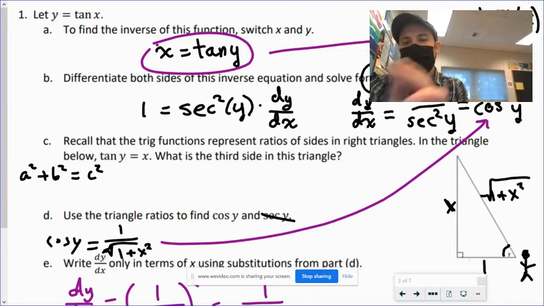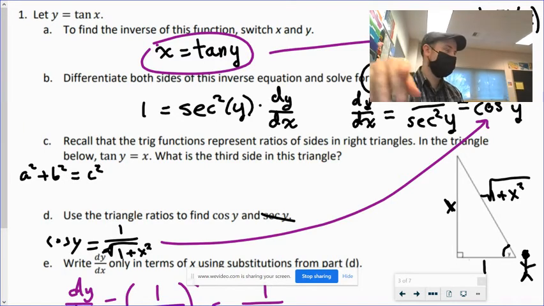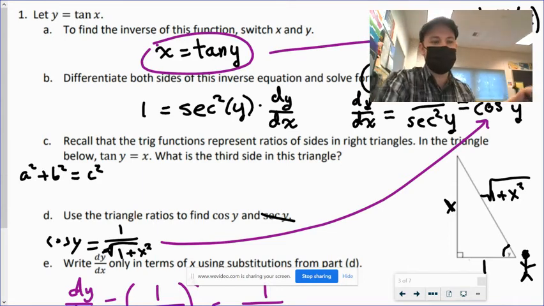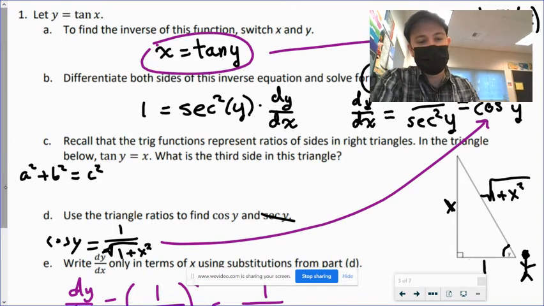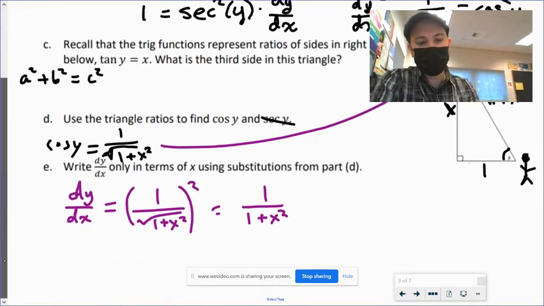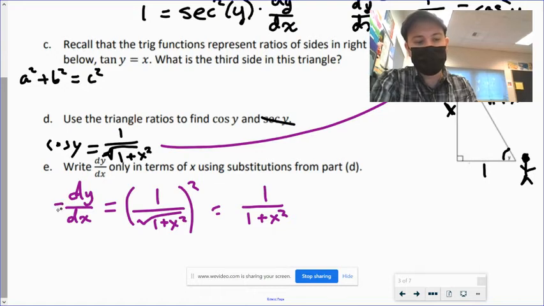If x is equal to the tangent of y, then by the definition of an inverse function, y is equal to tangent inverse of x. So therefore, what we really just found was a derivative: the derivative of the tangent inverse of x.